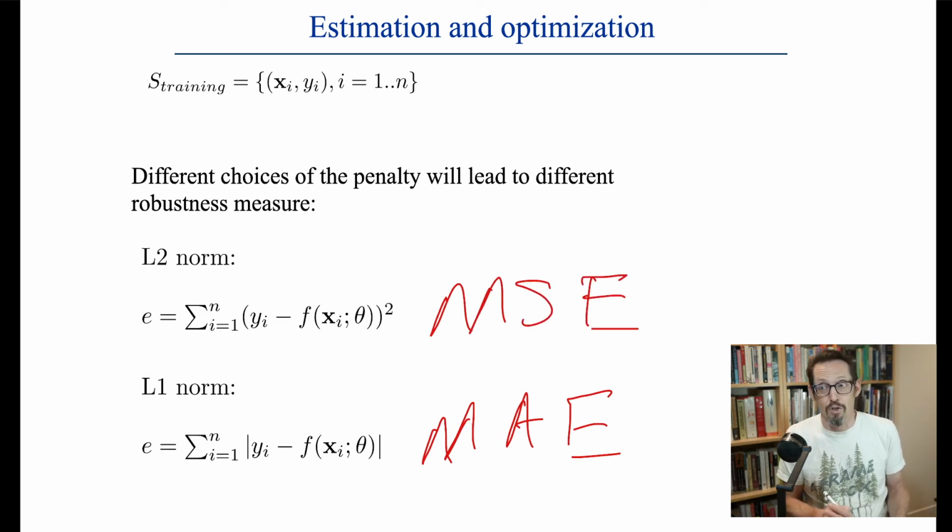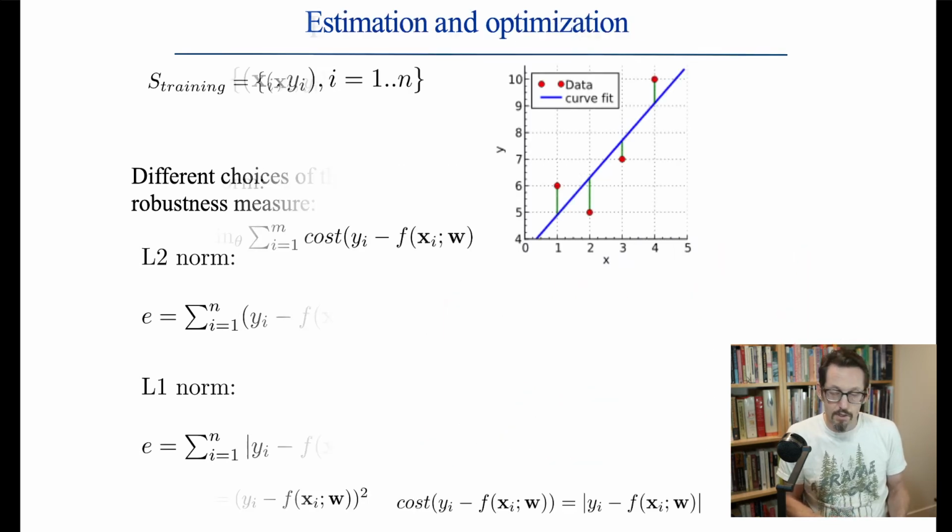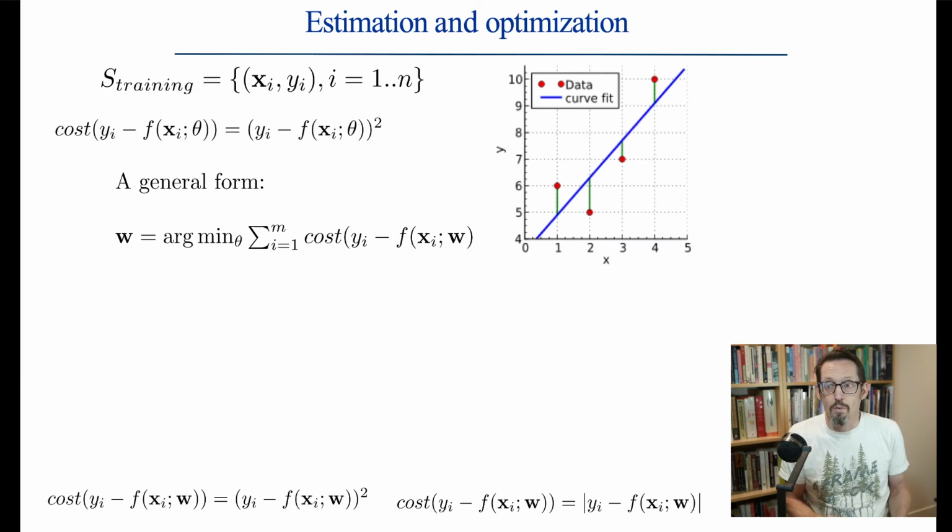So scikit-learn actually does this. It calls it MSE and MAE. Okay, but it's all the same, the 2 norm and the 1 norm. All right. So here we are. We've got two different cost functions, one of which is squared, and one of which is just an absolute value.